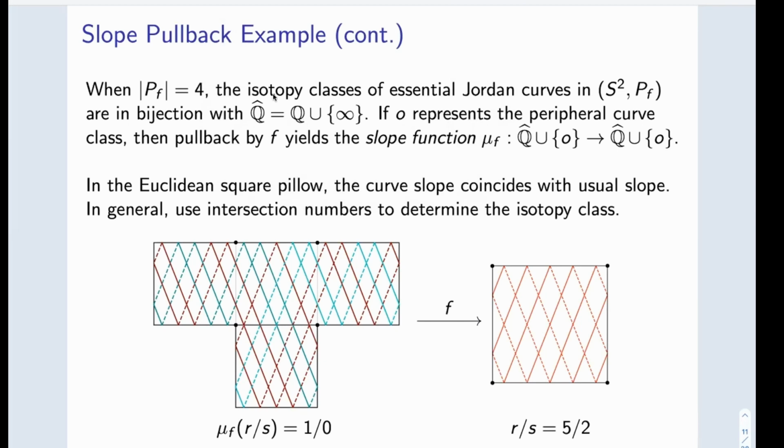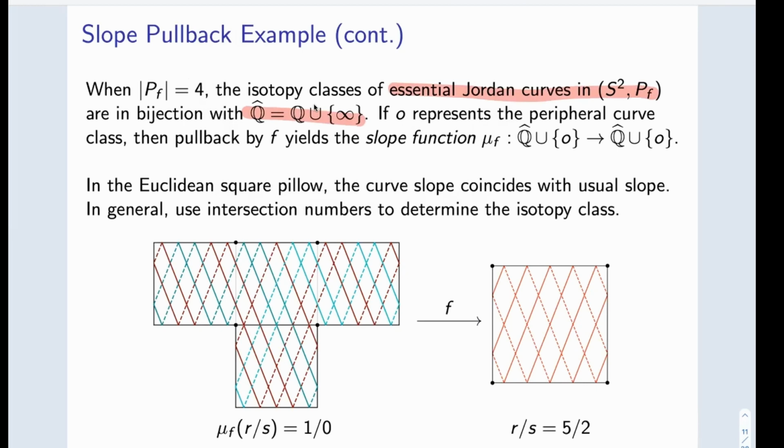One thing I haven't mentioned yet: since I'm specializing in the case where I have 4 postcritical points, these essential Jordan curves are actually going to be in bijection with the extended rational numbers. I'll explain why this is the case a little bit more in a second.